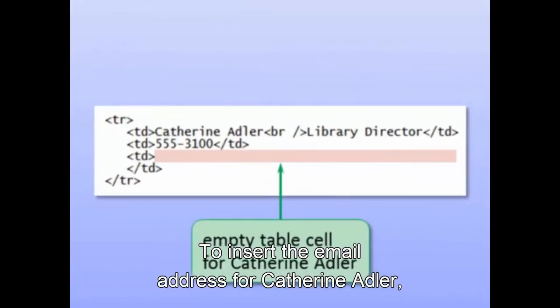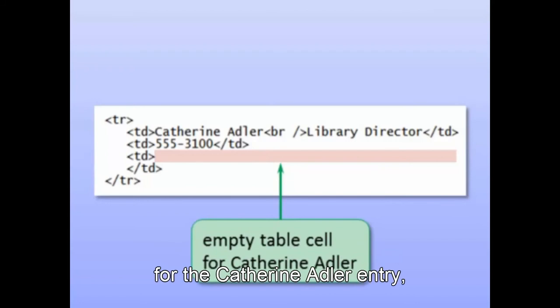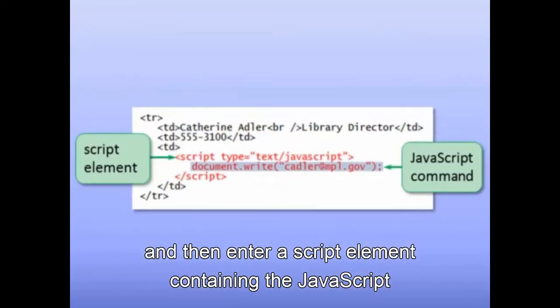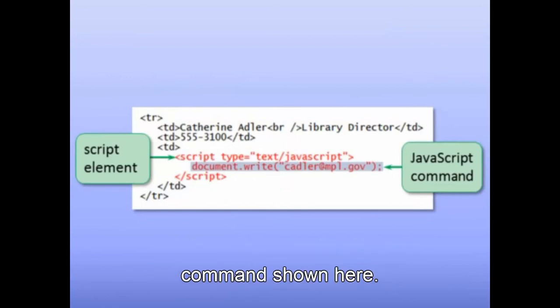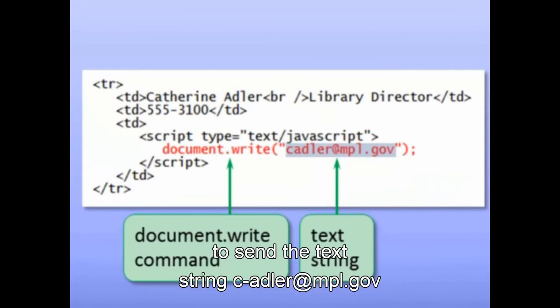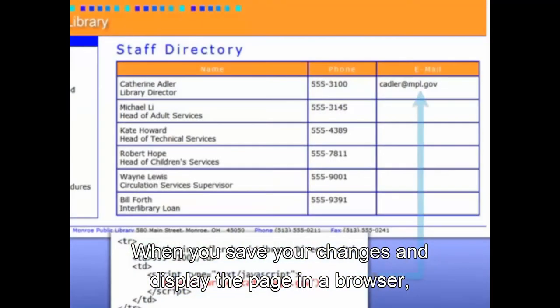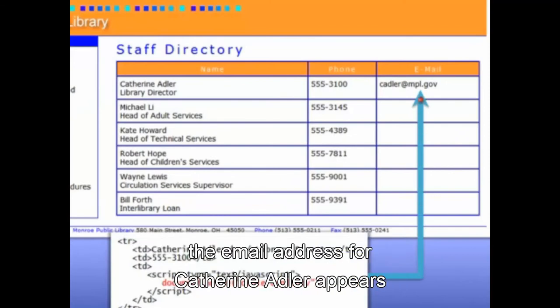To insert the email address for Catherine Adler, the first staff member listed, find the empty table cell for the Catherine Adler entry, and then enter a script element containing the JavaScript command shown here. The document.write command tells browsers to send the text string cadler@mpl.gov to the web page document. When you save your changes and display the page in a browser, the email address for Catherine Adler appears in the email column.